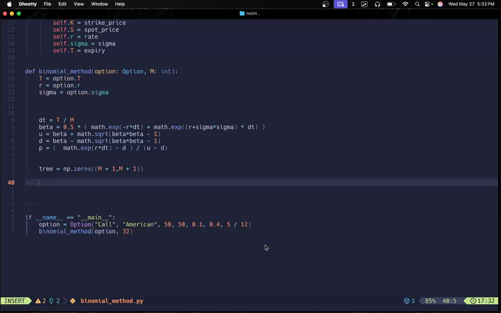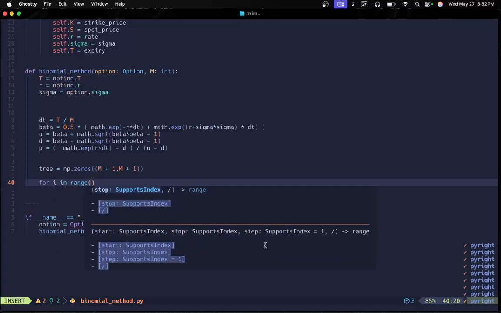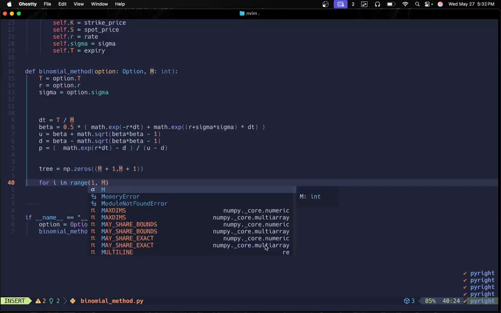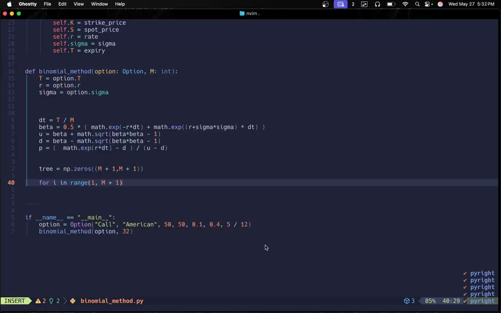I'm just gonna do it. For i in range, plus 1 because it doesn't include that.